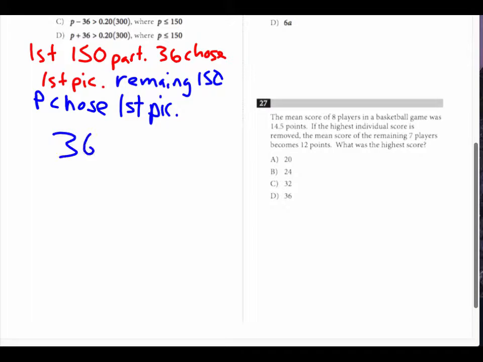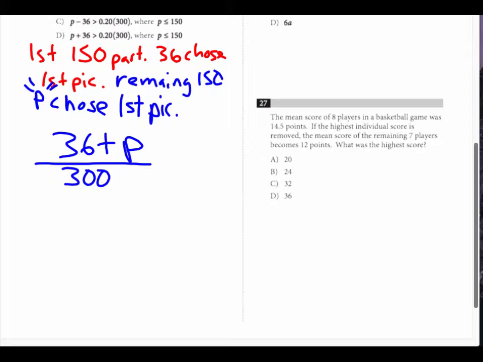Well, we know there was 36 for sure, plus the second batch there were P number of people, right? How many were there total? 300. So this is the percentage, it's really more of a percentage, of how many people picked the first picture out of the 300 people.